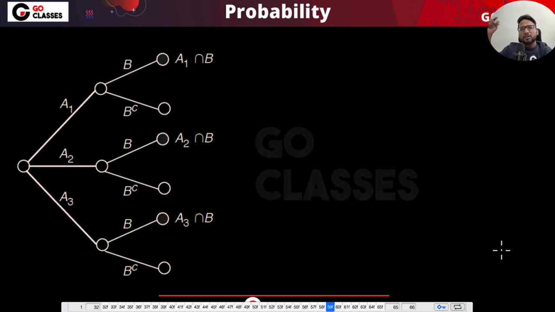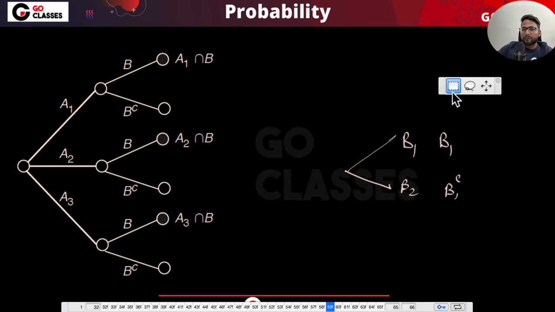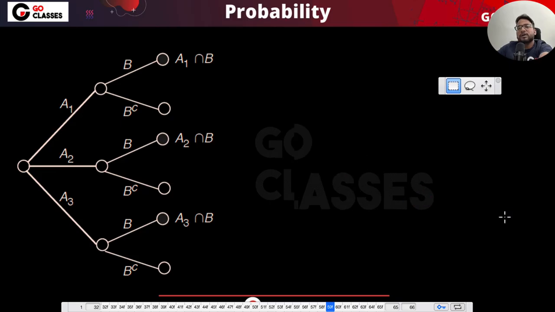Okay. So this is the actual diagram of the tree method, where let's suppose three events are happening, A1, A2, A3, and here B1, B2, or maybe B complement. Because if I'm writing B1, B2, then I can always write it as B and B complement, because if these are the two events and one of them is B, then the other will be the complement. If there are three events, then you can write A1, A2, A3.